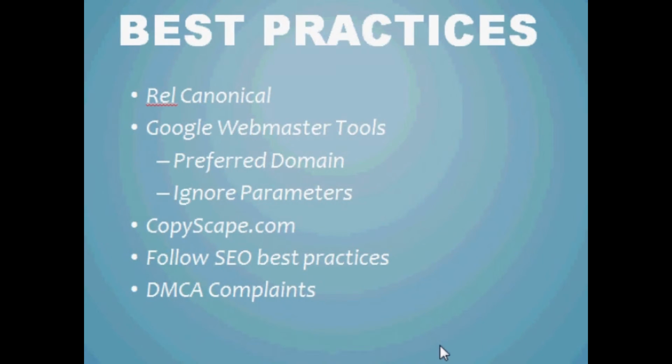Next, I would suggest you just follow basic SEO best practices. If you're dealing with a website that is just copying other people's content and ripping it off, it's tough for them to build a brand and get inbound links and have any other good SEO attributes.